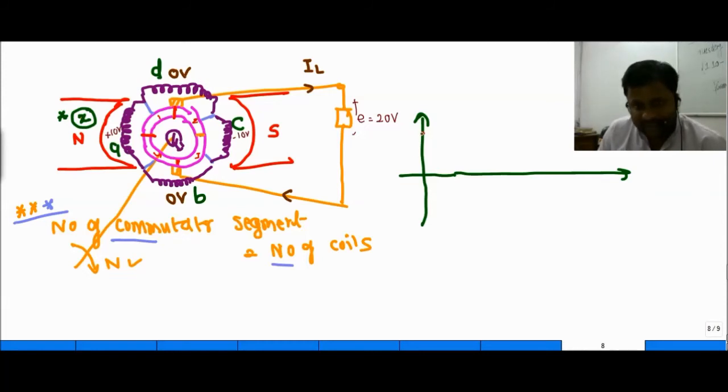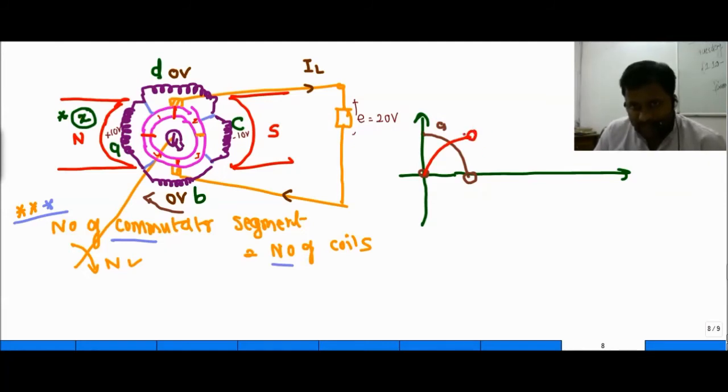So this is conductor A which has 0 volt. This is conductor A which has a maximum point, and conductor B is moving, which is 0 at this point, and reaching the maximum value like this.